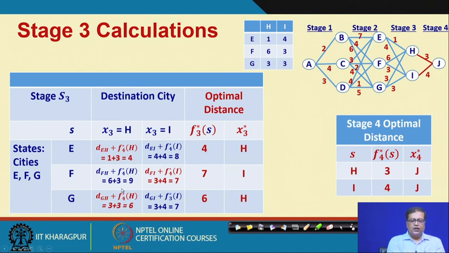So, what is that recursive relationship? Now, from E we can go either to H or to I. Is it all right? Similarly, from F to H or I, G to H or I.